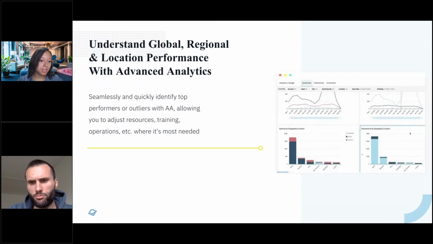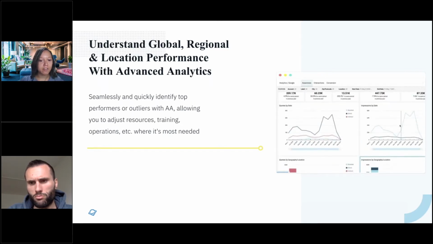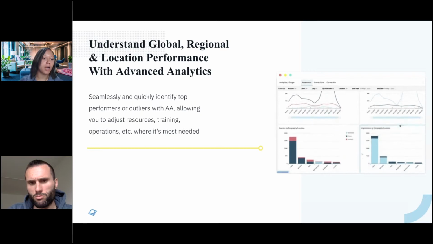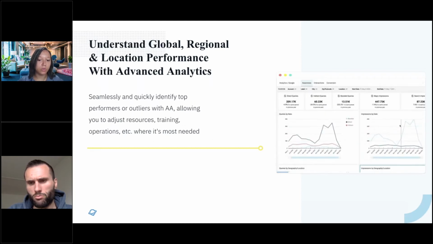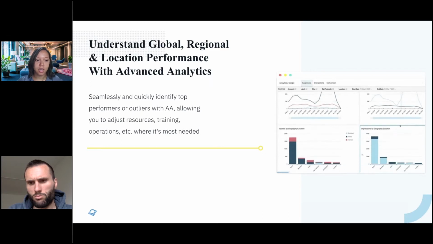And what that does is it allows you to say, hey, maybe there are some operational efficiencies that this region or market has achieved, and that can be like our test store. We need to adopt some of these policies for other locations. So really giving you the ability to either look at everything across the board or get really granular with the data. We understand that there's use cases where you would need to see both of those. And that's really what our advanced analytics platform allows.